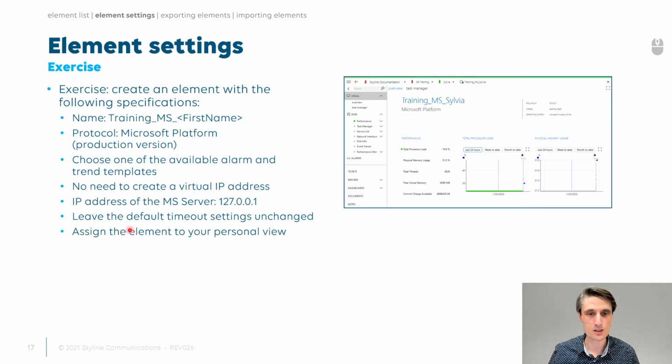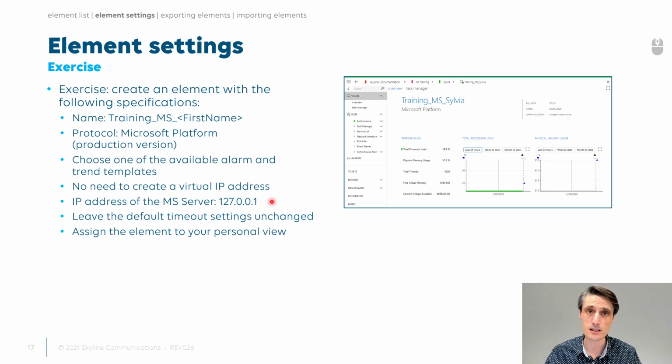But it's localhost that we have chosen as IP address, so localhost has no security problem. If it would be a remote server, we would need to specify username and password. So that's it. We added our first element.